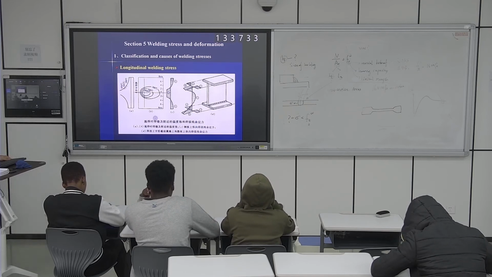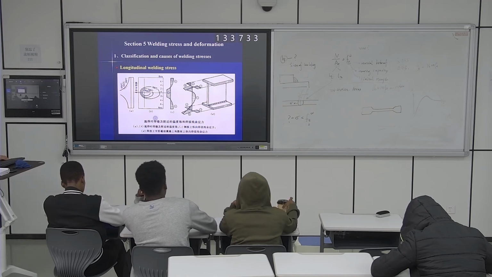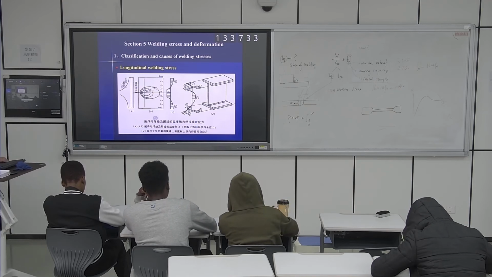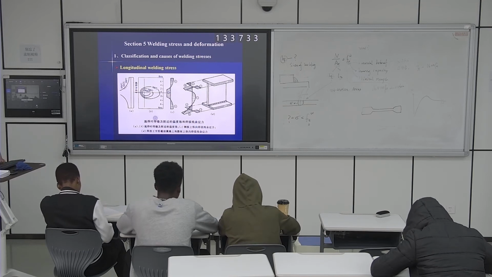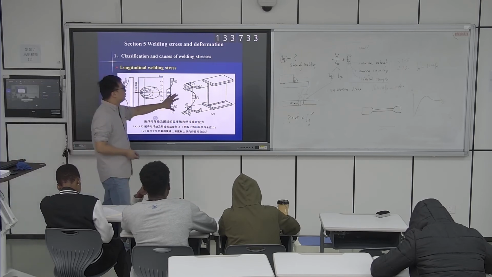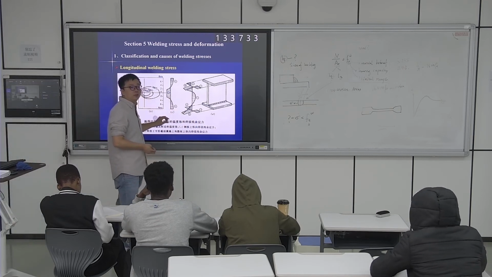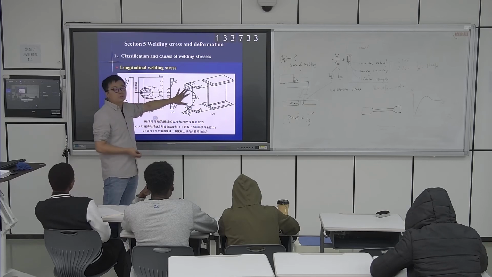So now we talk about the welding stress and deformation, the last part. Along the welding, we can see the force distribution is complicated. Do you know why it is complicated?